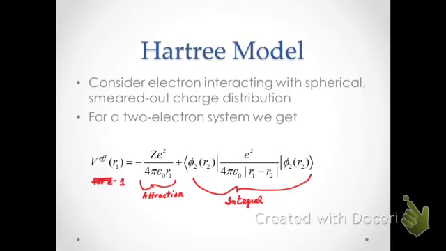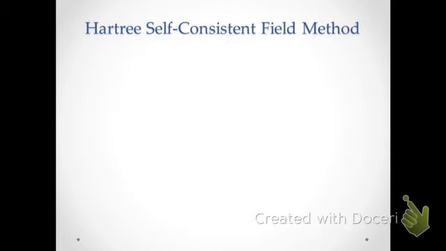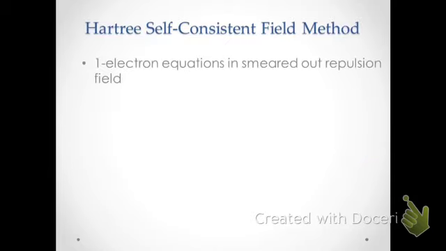And the second term, which is in bracket notation, which remember, of course, is an integral, shows repulsion, where the electron 2 in this orbital, phi sub 2, has its charge distribution smeared out over the atom or molecule. And so we're calculating this average smeared out charge distribution, and based on that, we're computing a repulsion associated with electron 1.